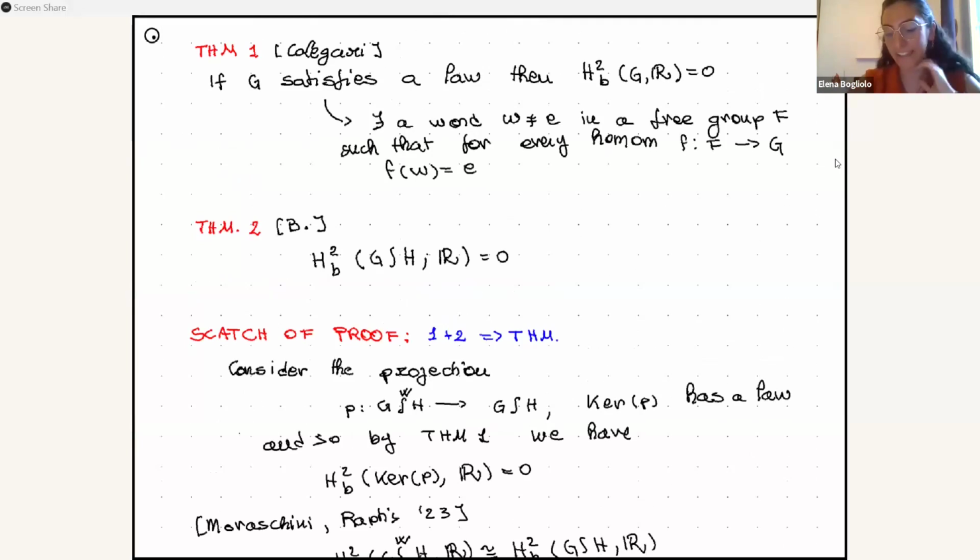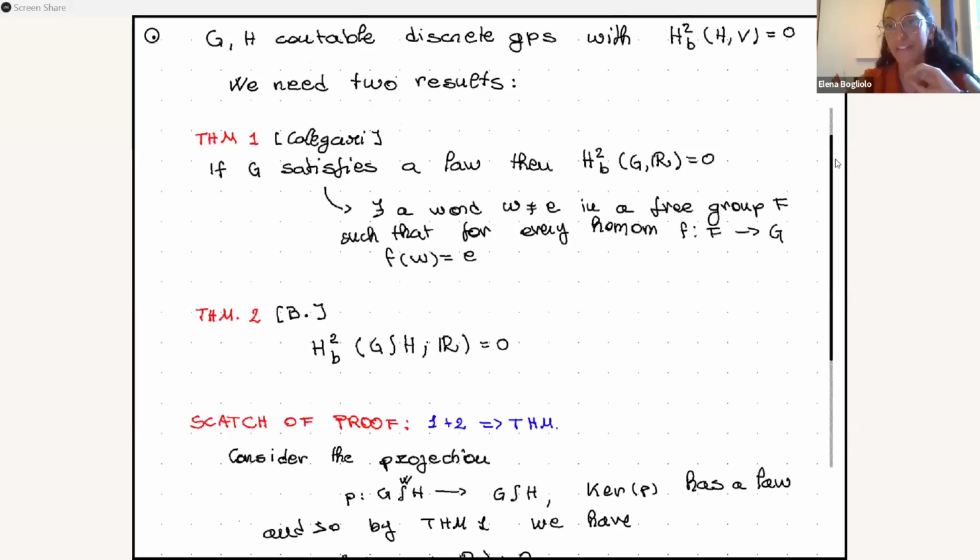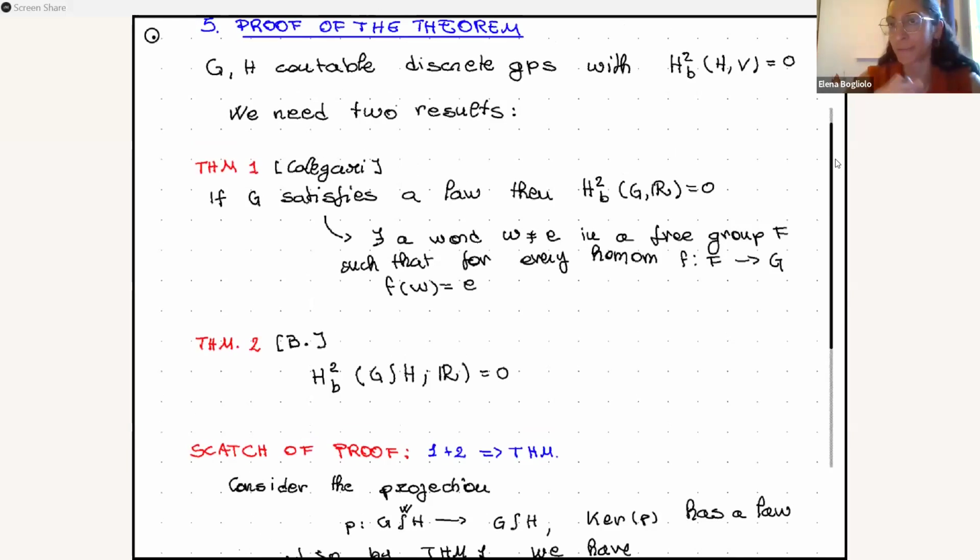In fact, you can tell that the definition of having a law is very similar to the definition of the verbal subgroup, and it does come from that. I don't exactly know how to show it in an eloquent way, but yes.